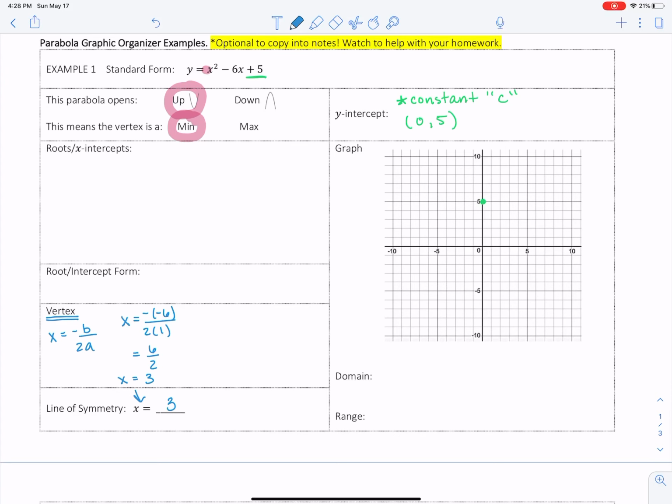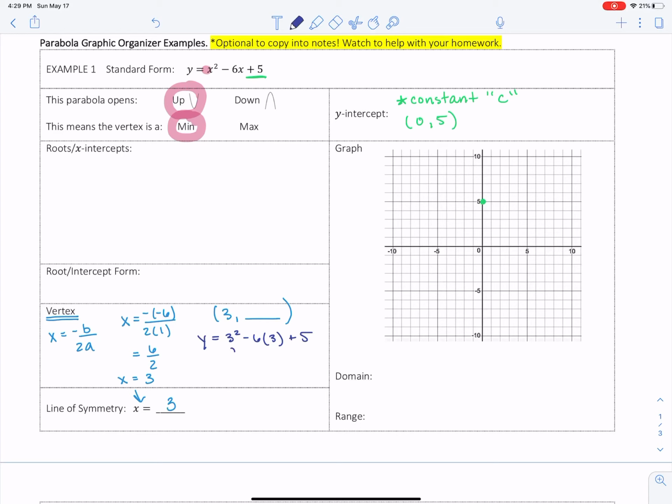But I need to figure out my y value, meaning that I know that this goes through the point 3 something, and I'm trying to figure out what that something is. We can plug in. I'm going to switch to a darker blue to show you that we're plugging this in. So y equals 3 squared minus 6 times 3 plus 5.